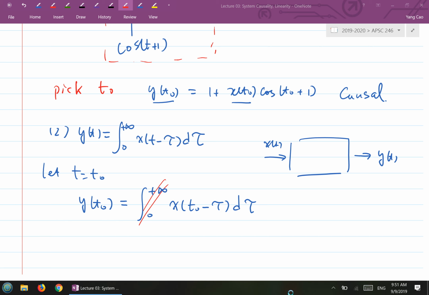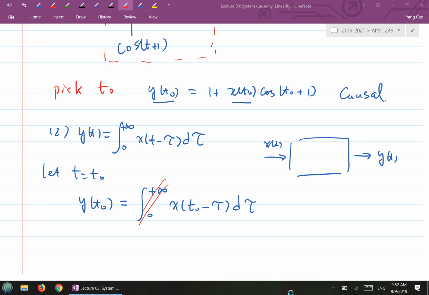Now let's put back the integration sign. What's the proper name for the tau variable when you have an integration? It's called a dummy variable. What's the range of the dummy variable in this integration? 0 to positive infinity. So the tau value is always a positive number.